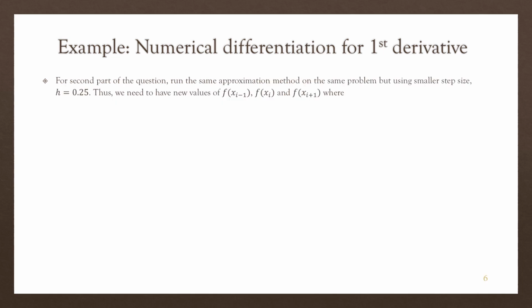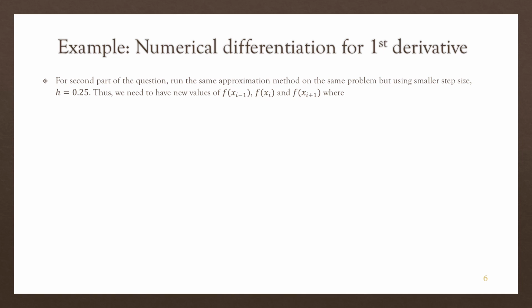This is the second part of the problem, where we are still solving the same problem. This time we use a smaller step size, which is 0.25. It is half of the previous step size. It means that we need to re-evaluate the value of the function at xi minus 1 and the value of the function at xi plus 1.